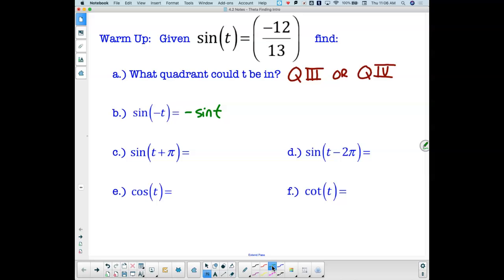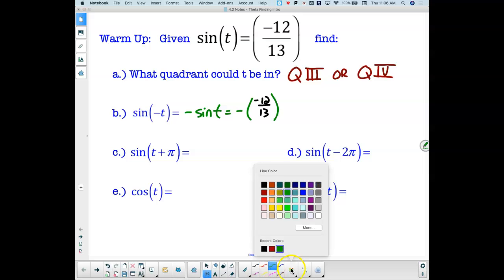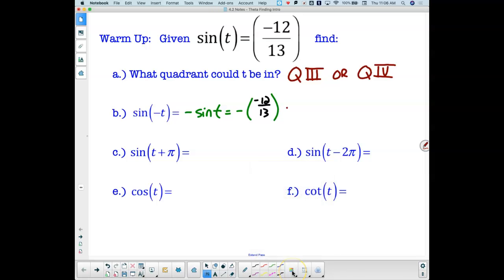So that's going to be negative sine of t, which means that's going to be the negative of negative 12/13, which is going to be 12/13. Agree? Okay.